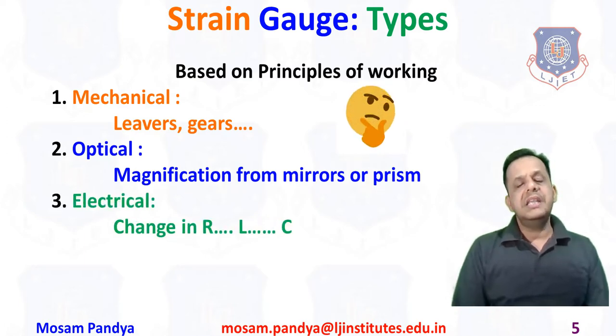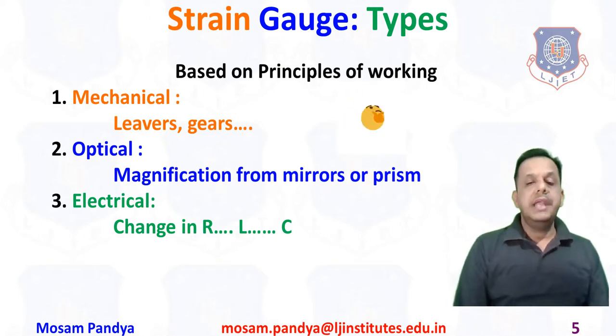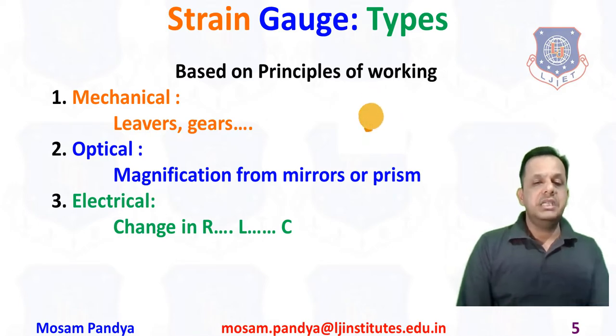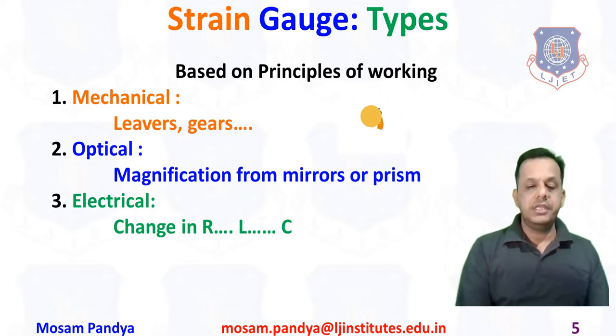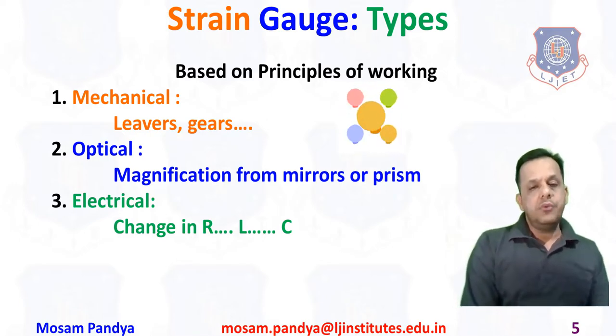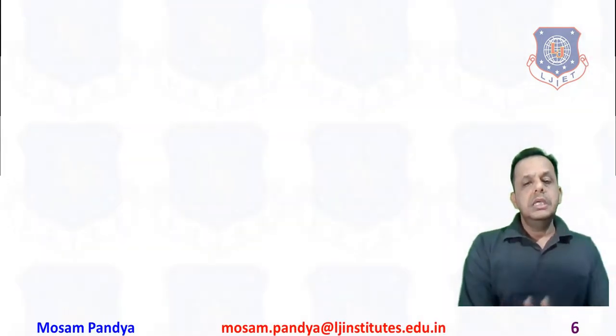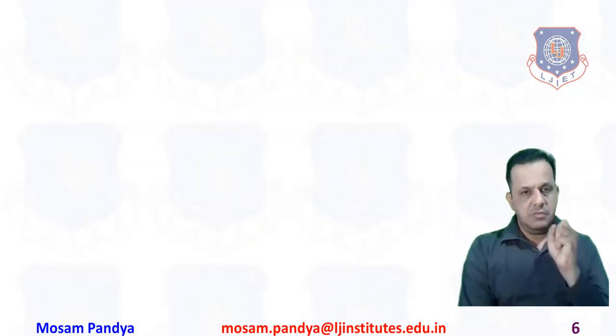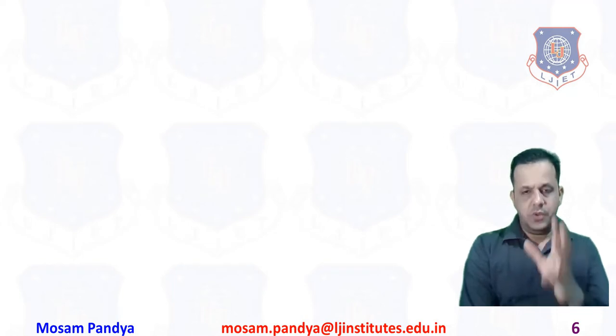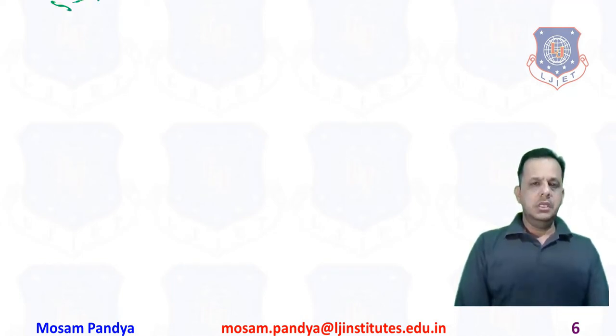The third is electrical, where we sense the change in resistance, inductance or capacitance, and ultimately calibrate our meters in terms of microstrain. Our focus will be basically on the electrical type of strain gauge, where we will go for the resistive kind of strain gauge.